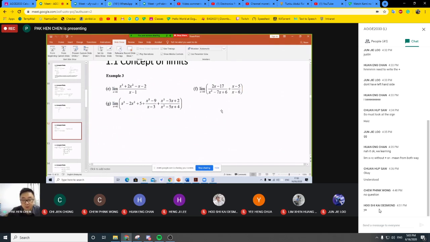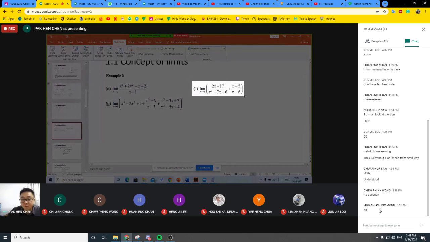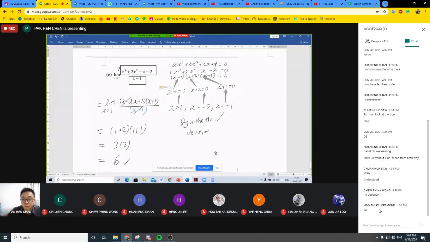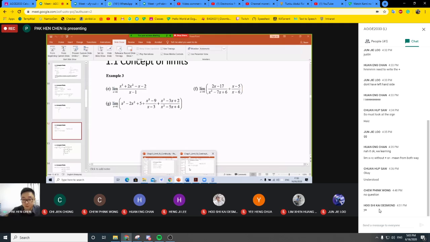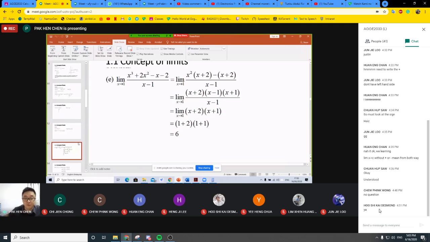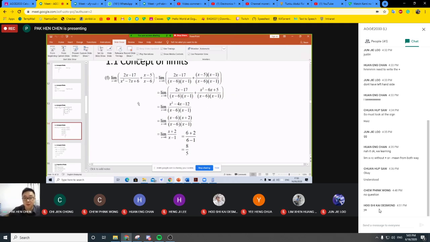And right now we have question F also. Okay, the question F here. Maybe I show the workings here. For question F, if we substitute 6 into both denominators, we have a 0, isn't it?